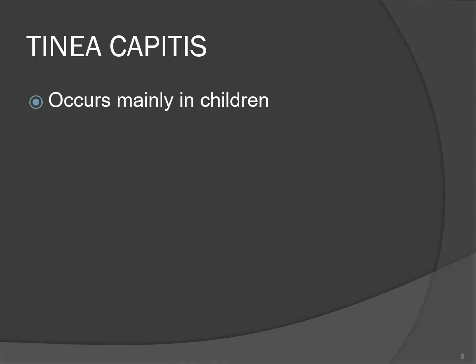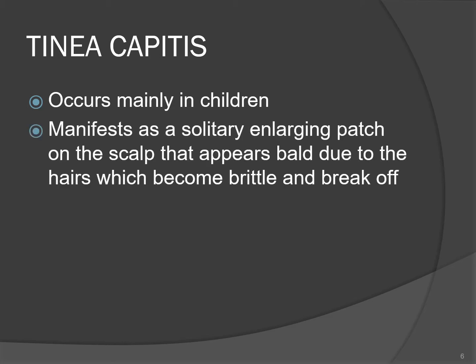This is a fungal infection that occurs mainly in children, and it manifests itself as a solitary enlarging patch on the scalp that appears bald but isn't truly bald, and this is due to the hairs within the patch that become brittle and break off.